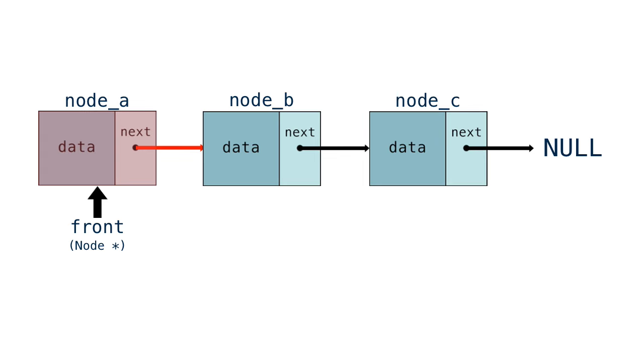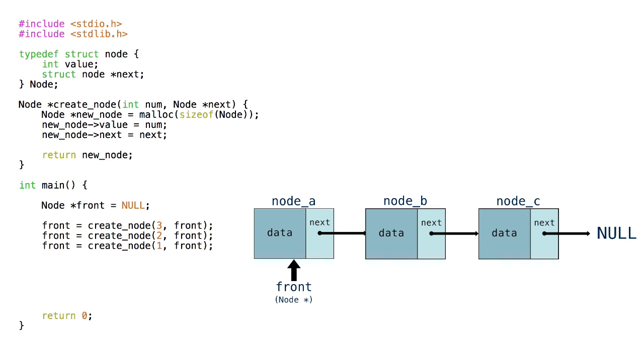Its next variable points to the second node in the list, node B. Node B's next points to node C. And node C's next points to null, since node C is the last item in the list, or the tail of the list. This null value will be very useful when we do a traversal, since it tells us when to stop.